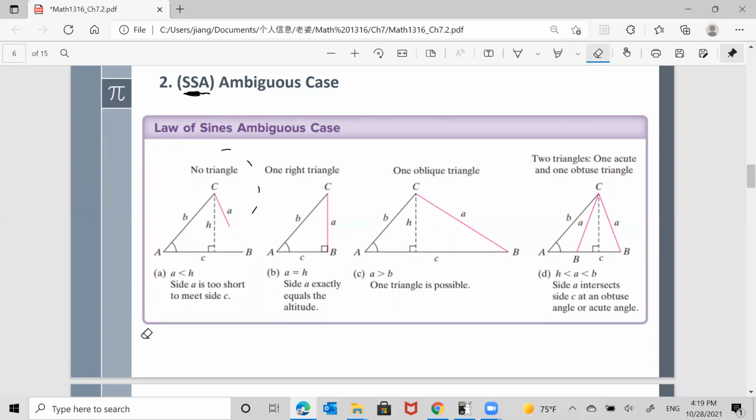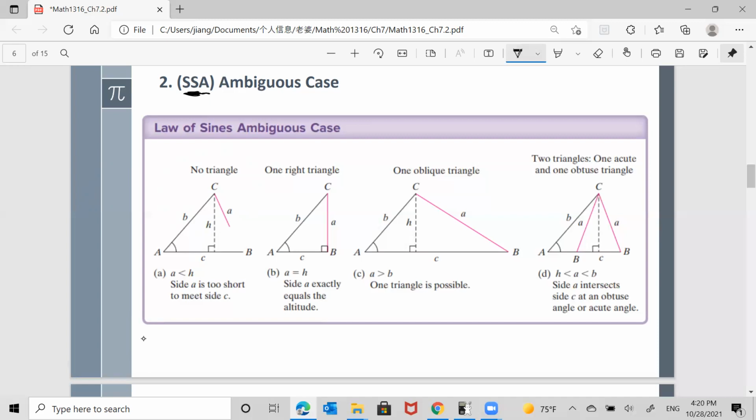So the second case, since in the first part we know if A is given, B is given, the angle is given, we just rotate it as a ray and rotate it center as C. If A equals the altitude, that means when we rotate the A, we just have one intersection at the point B, and A equals the altitude.